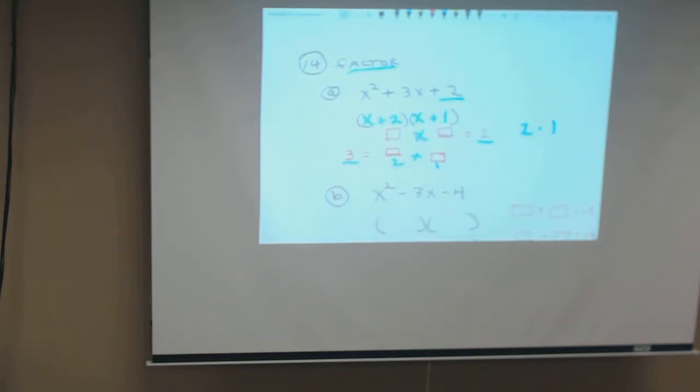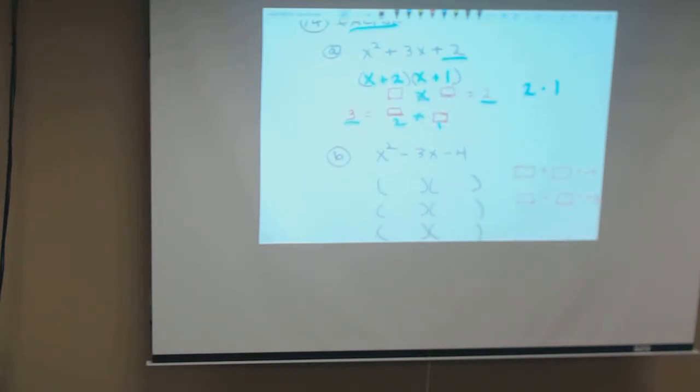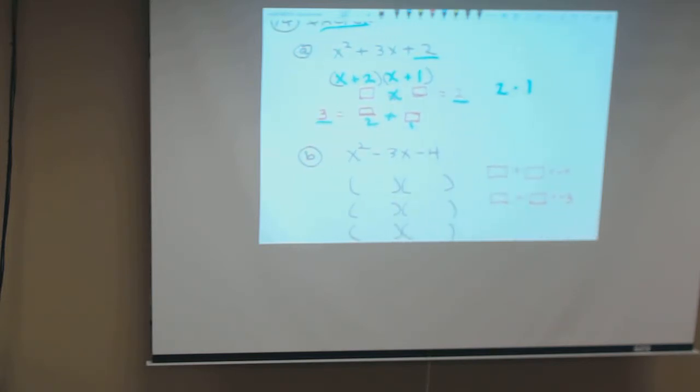14b, x squared minus 3x minus 4. So what two numbers multiplied will equal -4 and added will equal -3? Well, how many ways could I get -4? I could have -1 and 4.